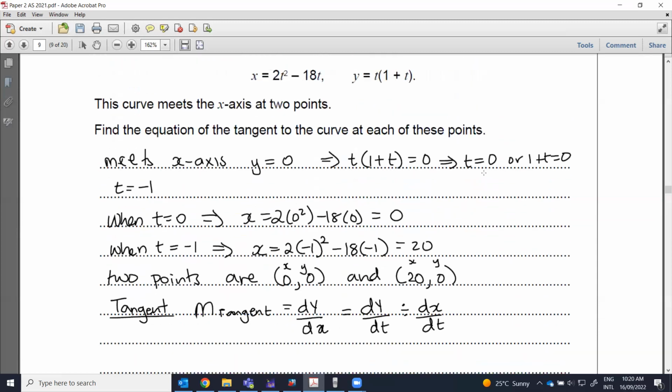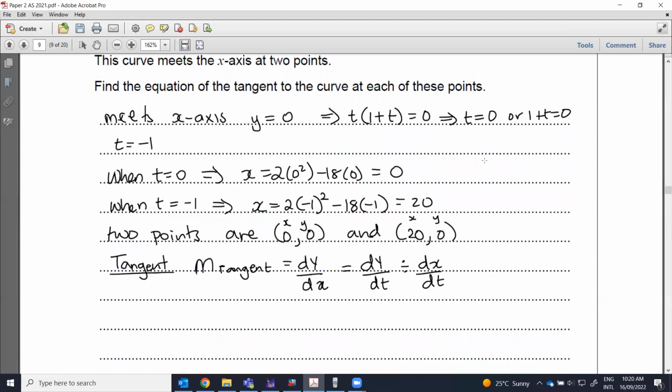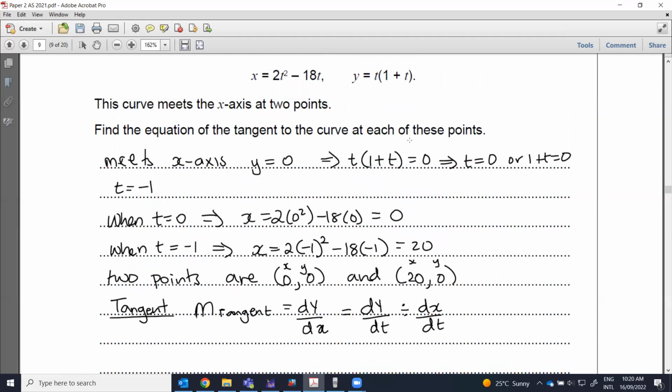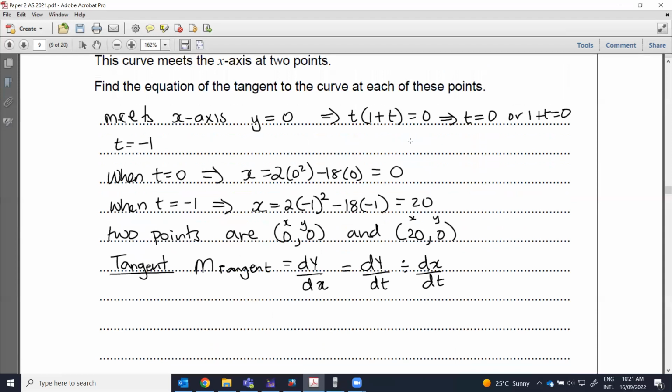Okay, so I need to work out dy/dt and dx/dt. So y is t multiplied by 1 plus t. I'm going to multiply this out so it's easier for me to differentiate, and I don't want to use the product rule. So this is t plus t squared. And now I find dy/dt.